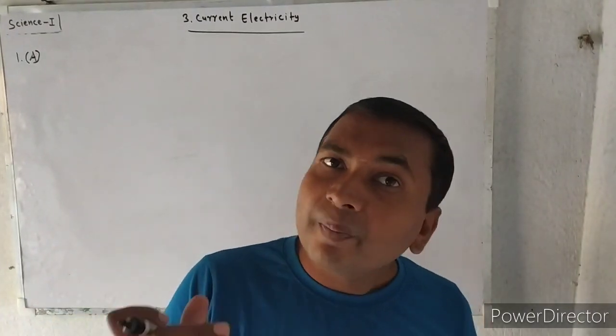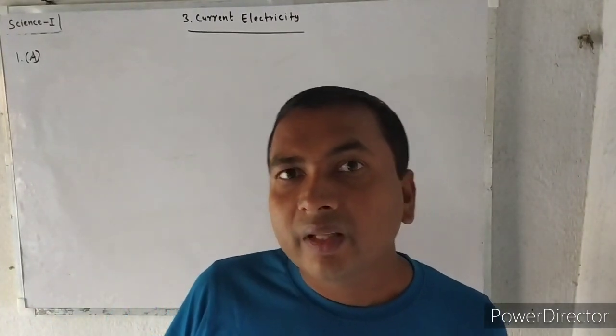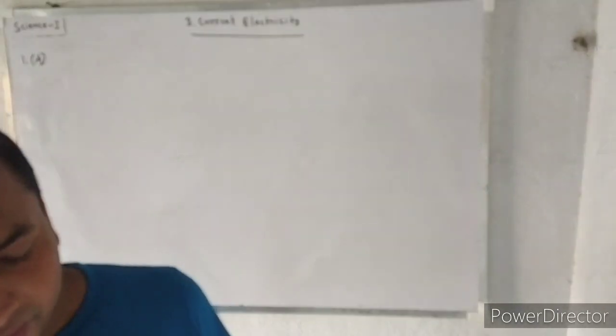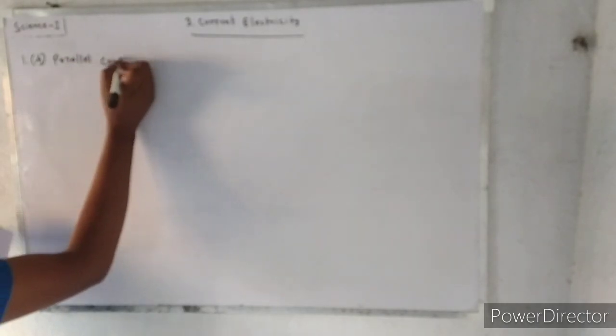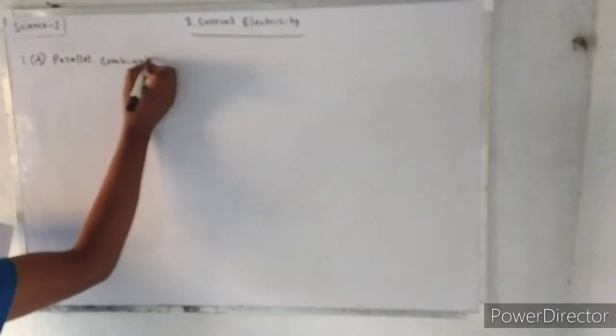So we connect all the appliances in parallel. In which combination? Parallel combination. So first A will be parallel combination.